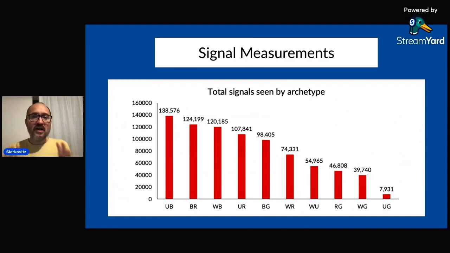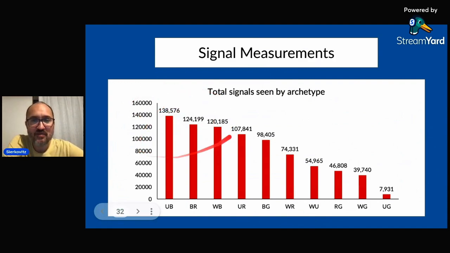So I calculated how many signals were seen by each archetype, and that takes into account the power of the card. And then actually the most signalful color in the data set I analyzed was blue-black, with 140,000 signals being seen across those 3.2 million cards.